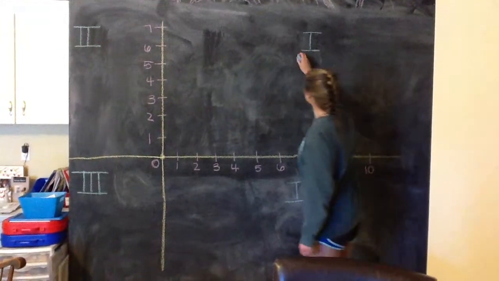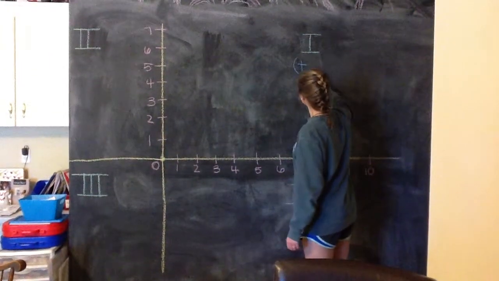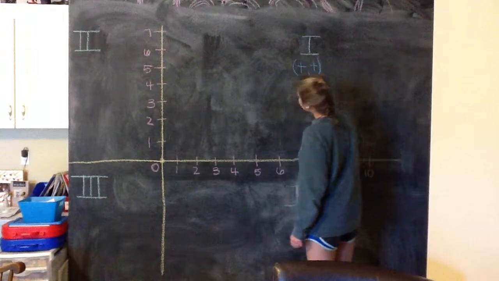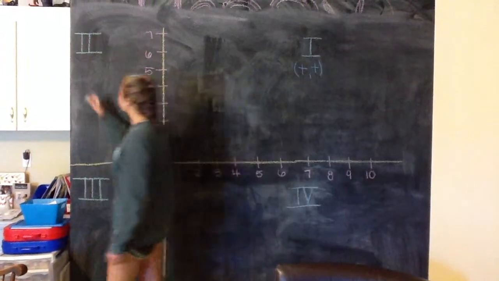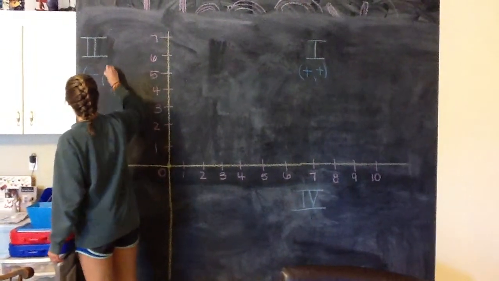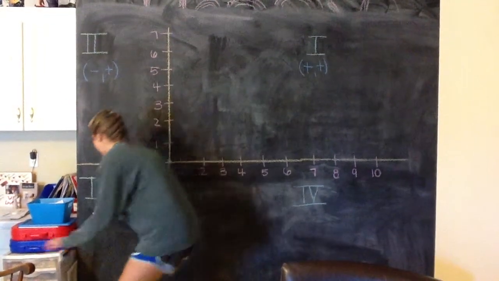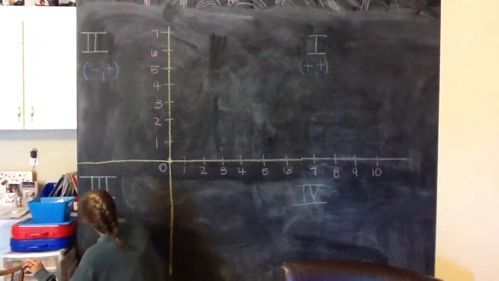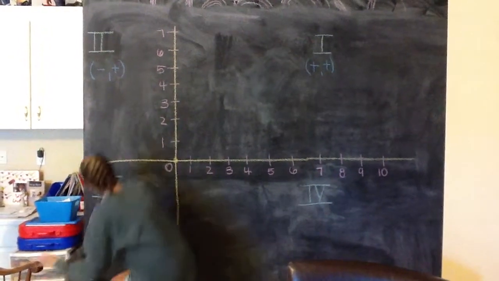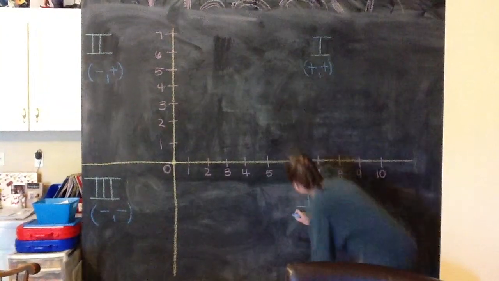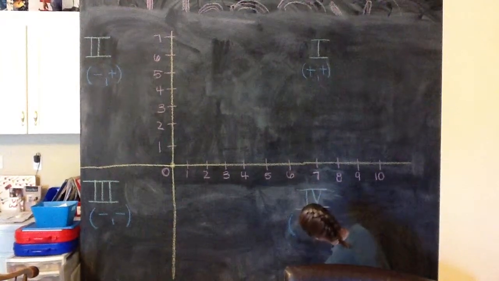Quadrant 1 are positive numbers, and I'll explain that in just a minute. Quadrant 2 is based on negative positive numbers. Quadrant 3 is negative numbers. And quadrant 4 is positive negative numbers.